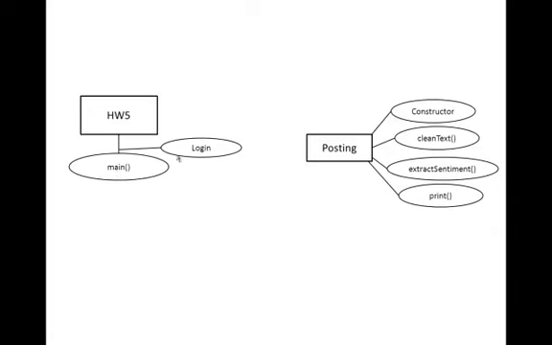But we introduce an additional process called the login process. So if the login process is successful, then you will run the rest of the code. If the login process failed, you will terminate the execution at that point in time.